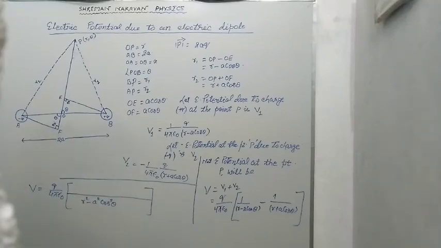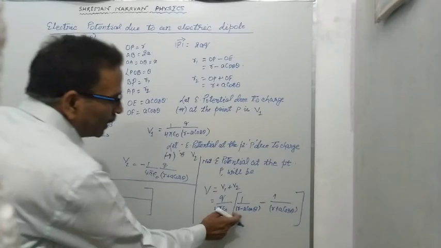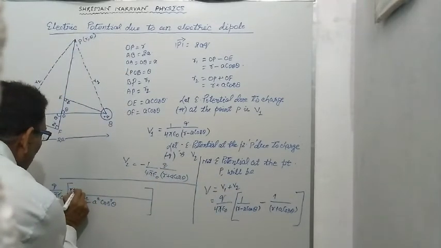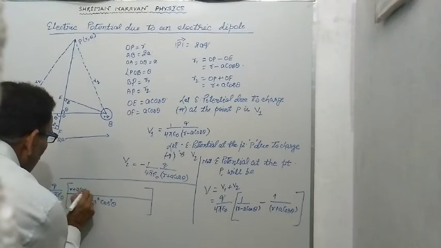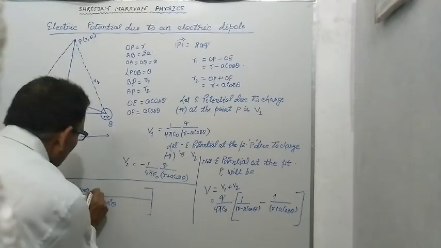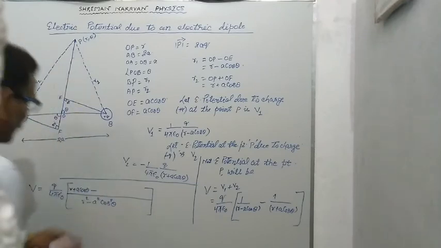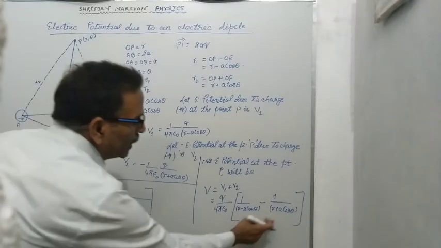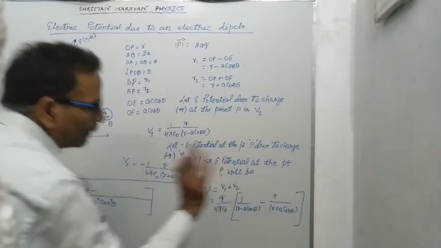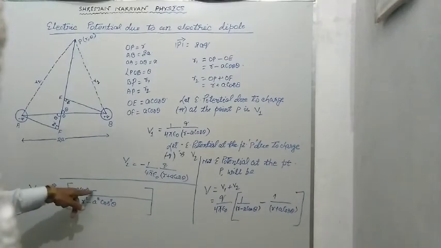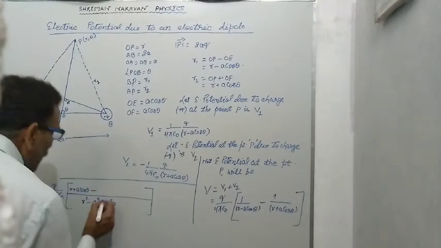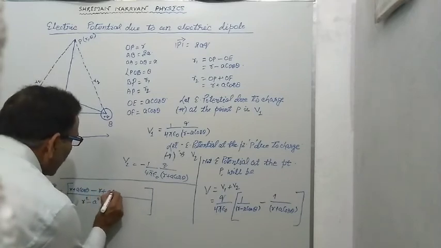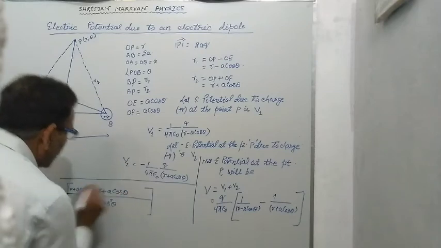Now if you divide this term by r minus a cos theta, you will get r plus a cos theta. Then dividing r square minus a square cos square theta by r plus a cos theta, you will get r minus a cos theta. But since there is a negative sign here, we will write minus r plus a cos theta.